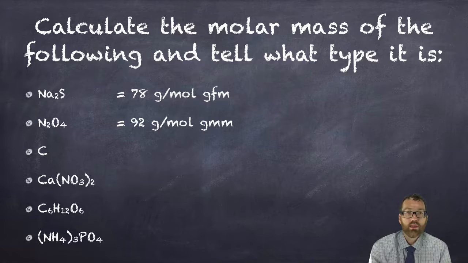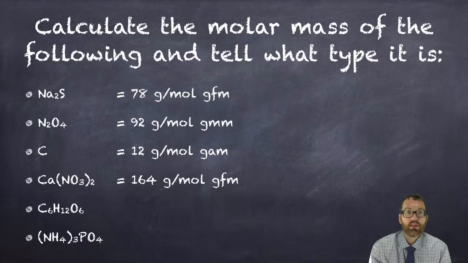The third one is the easiest. You just look up carbon on the table. It's about 12 grams per mole, and that would be gram atomic mass. The next one is 164 grams per mole, and that would be gram formula mass, metal bonded to nonmetal there. In the next one, we have 180 grams per mole, and that would be gram molecular mass, all nonmetals.